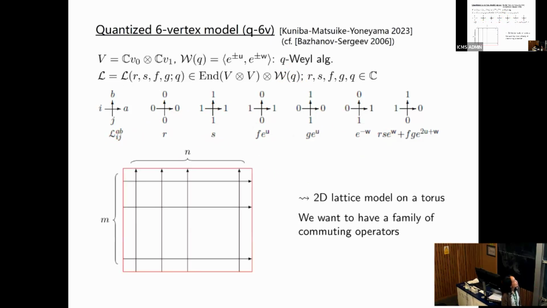Then we consider a two-dimensional lattice model using these weights, like this square lattice, for example. We want to have a family of commuting operators by taking a trace of this two-dimensional thing. So we consider a model on the torus for now.